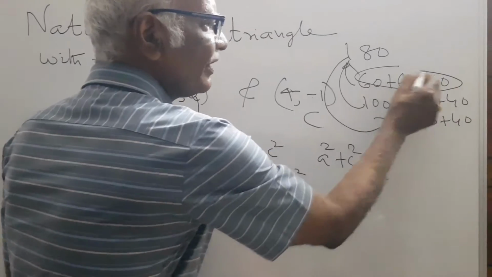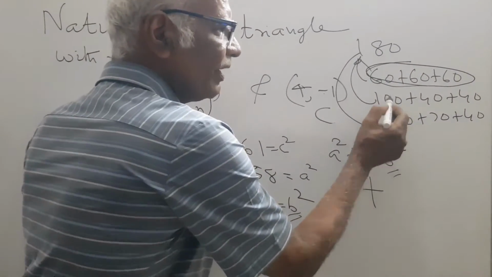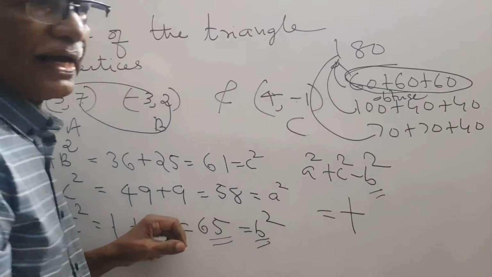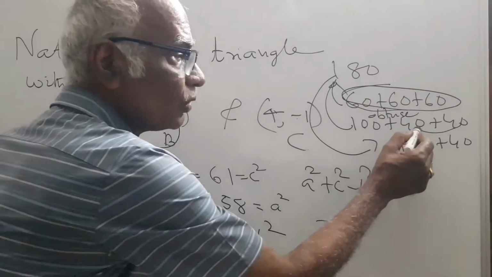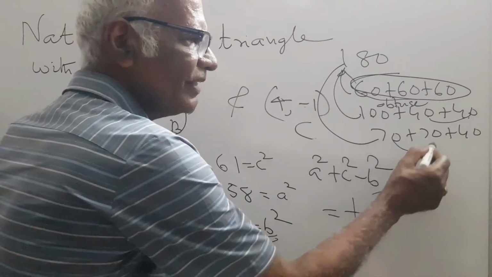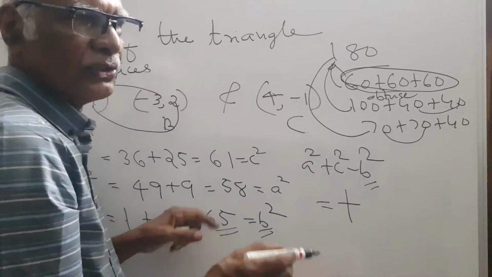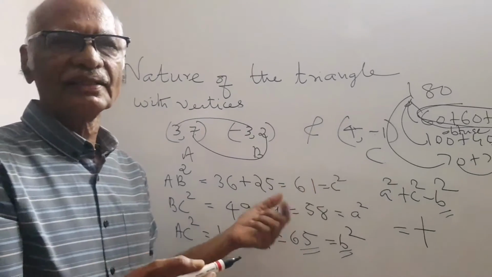Here the situation is an equilateral triangle. Here the situation is an obtuse angled triangle, but two sides are the same, so it is an isosceles obtuse angled triangle. Now here, an isosceles acute angled triangle. So the nature of the triangle can be determined by the angles as well as the sides.